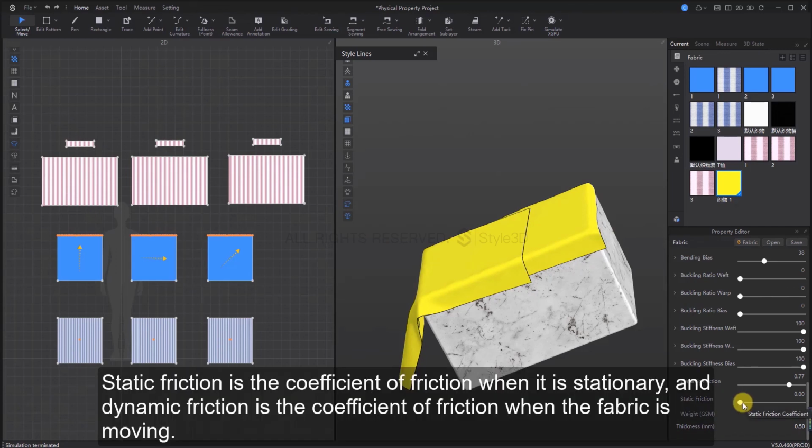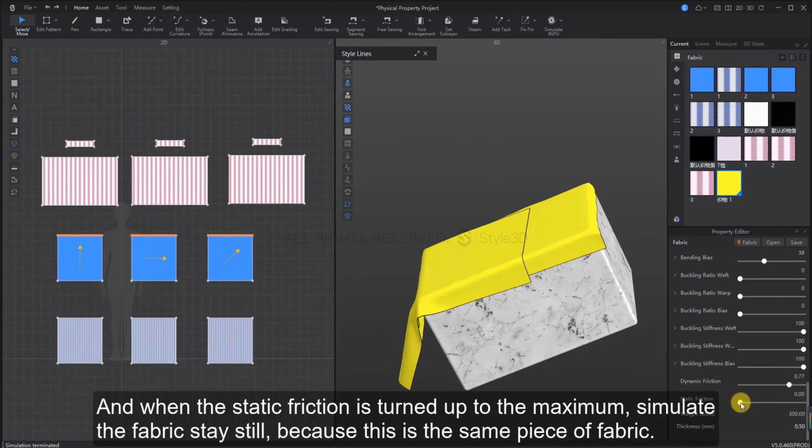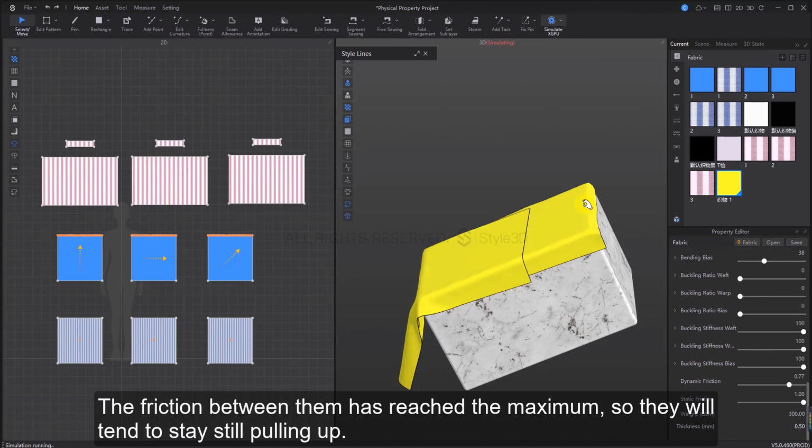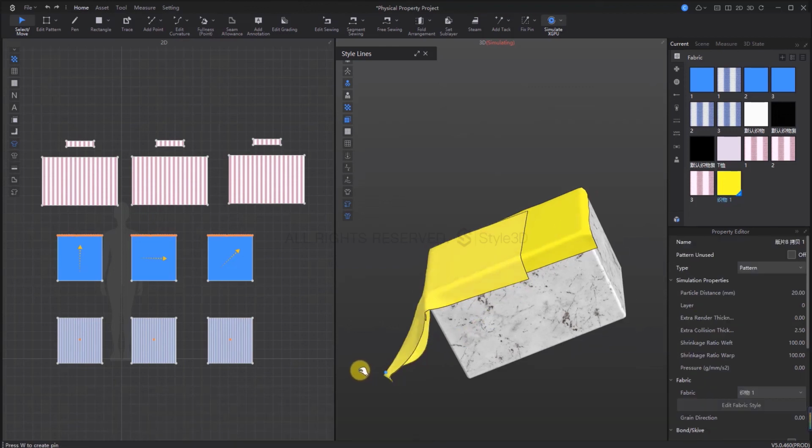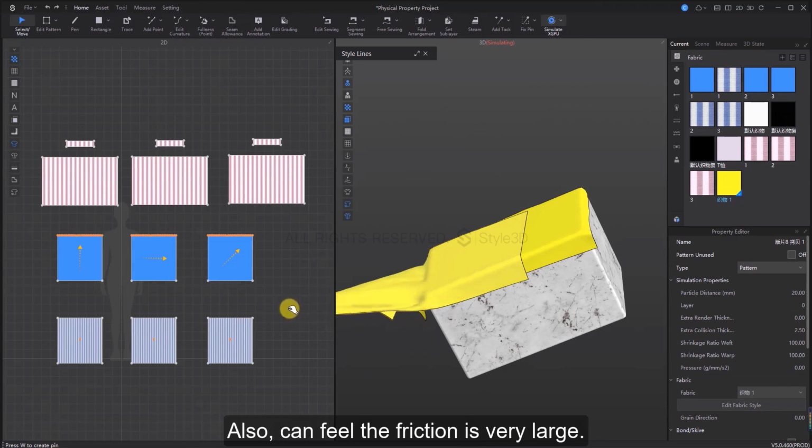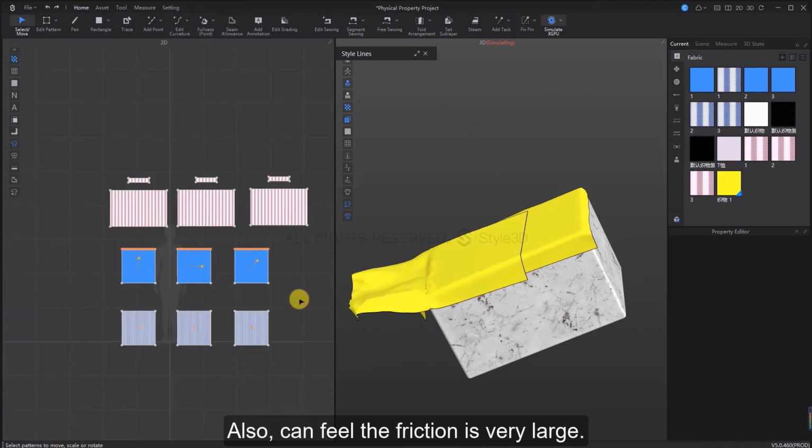Static friction is the coefficient of friction when it is stationary, and dynamic friction is the coefficient of friction when the fabric is moving. And when the static friction is turned up to the maximum, simulate. The fabric stays still. Because this is the same piece of fabric, the friction between them has reached the maximum, so they all tend to stay still. Pulling up also can feel the friction is very large.